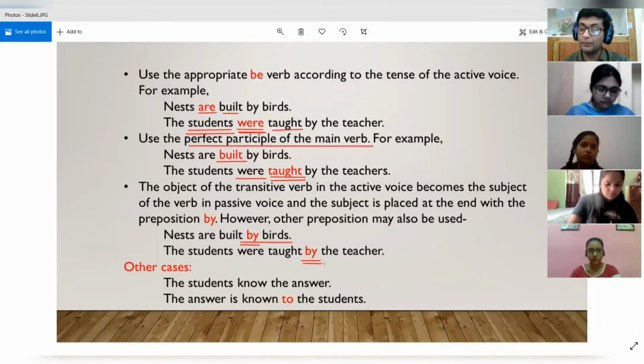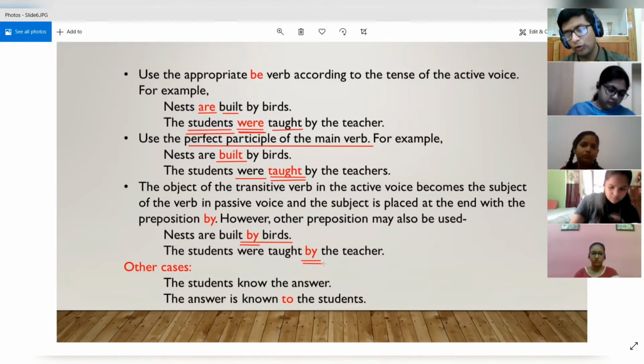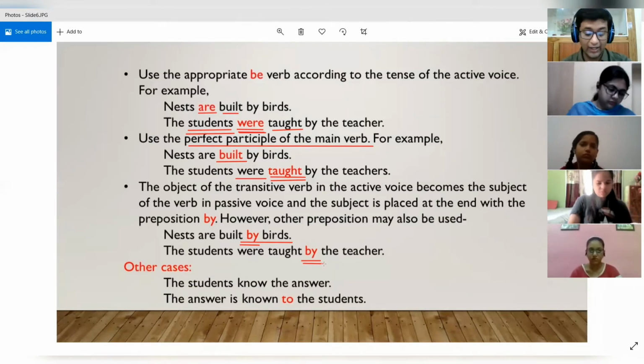And before the object, you are going to use a preposition, and most of the time it will be by. The nests are built by birds. The students were taught by the teacher. So these are the four basic changes that you are going to make in most sentences to convert an active voice sentence into a passive voice.